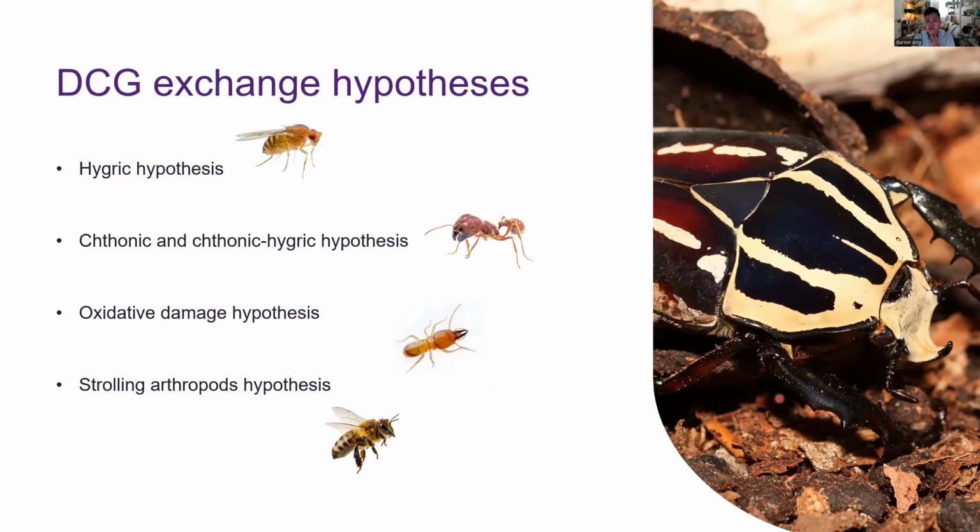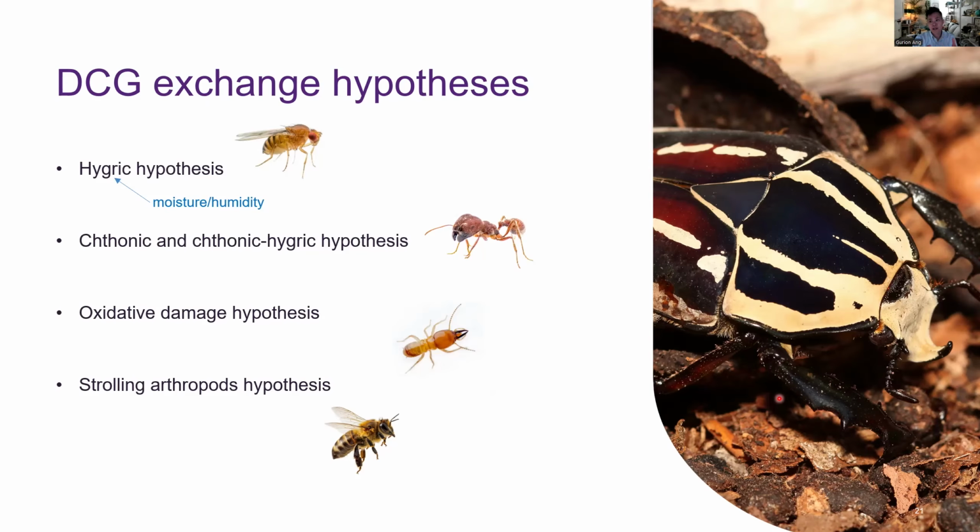For a very, very long time, the hygric hypothesis was put forward. The word hygric is in reference to moisture or humidity. And so one hypothesis for discontinuous gas exchange is to prevent water loss, respiratory water loss, evaporative water loss, right?